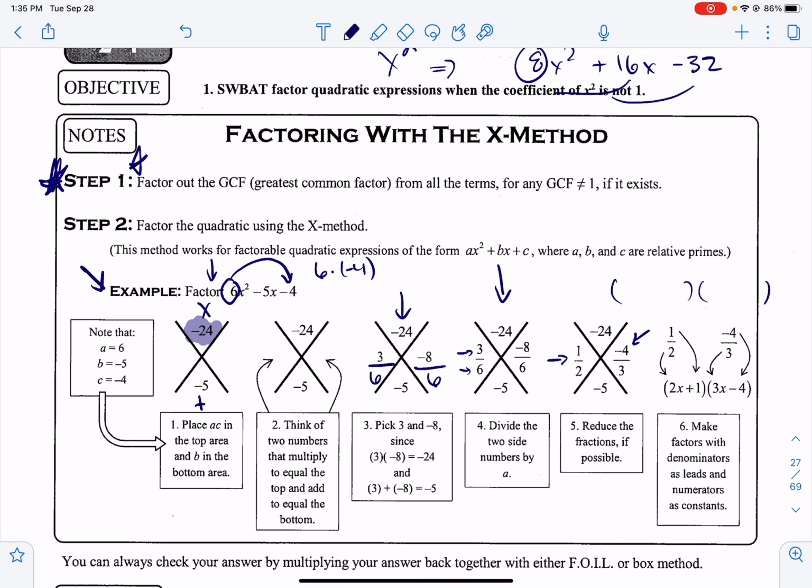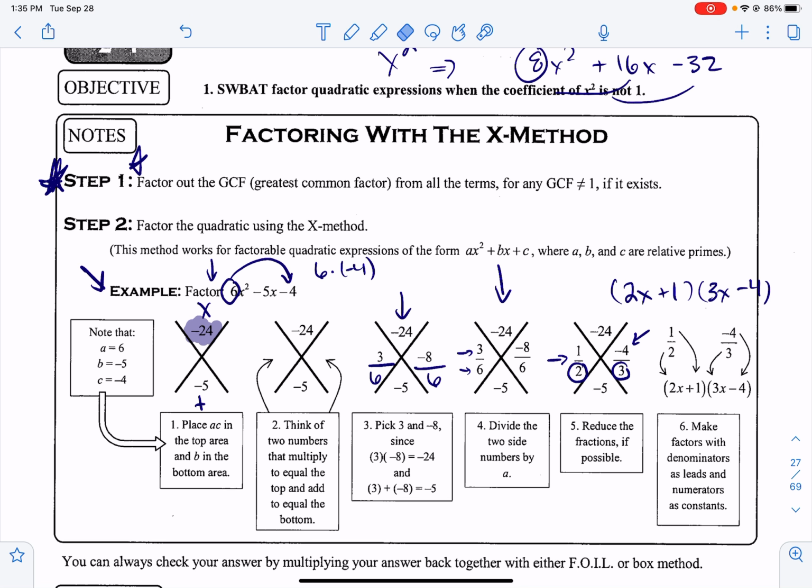The way that I do it, whatever number's on the bottom of the fraction goes to the front of the x, and whatever number's on top, that just becomes our regular number inside with the x. So I would have 2x plus 1. On the other one, I would put a 3 in front of the x, and it would be a 3x minus 4.